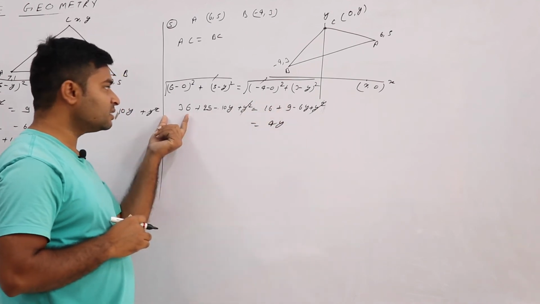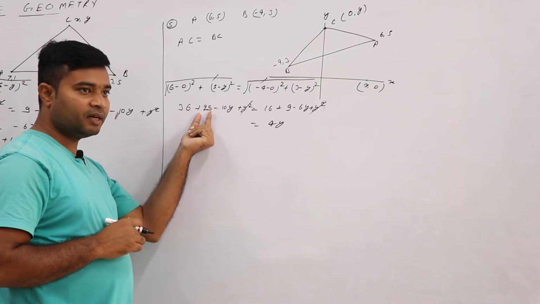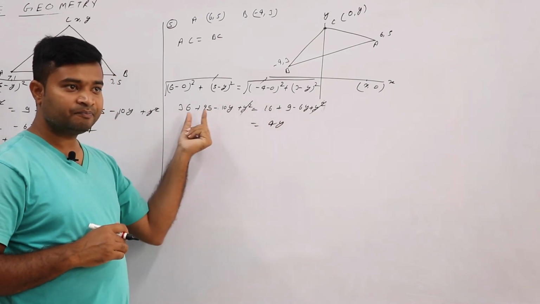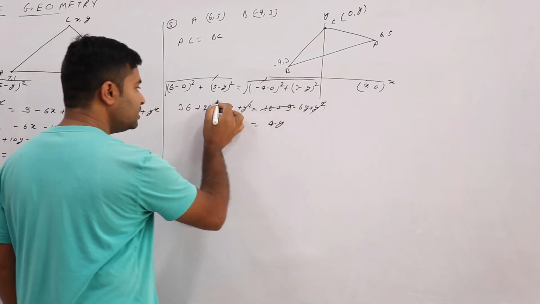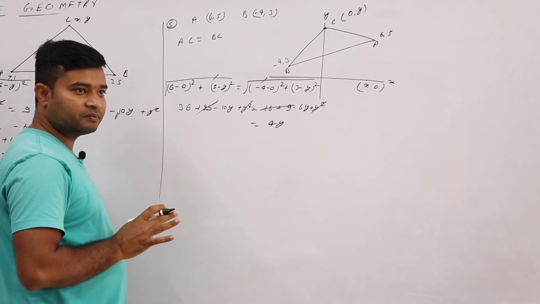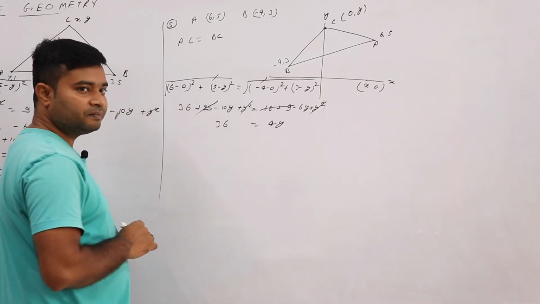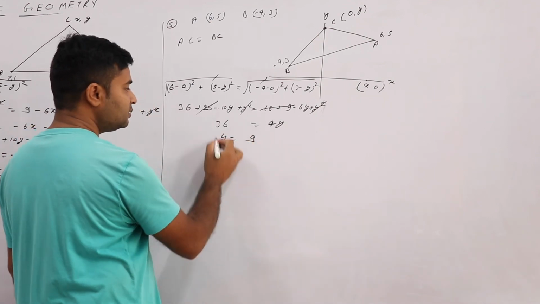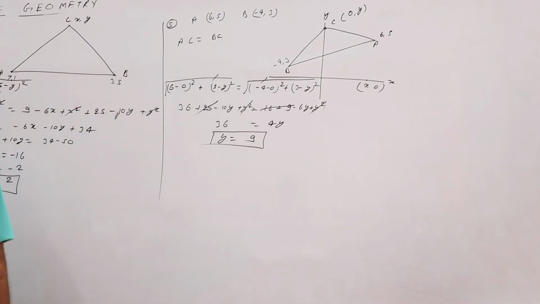Bring this 25 to this side, so plus 25 minus 25 cancel. Can you cancel this and this directly? So what remains here? 36. So y is equal to 9. Understood? So we get the value of y.